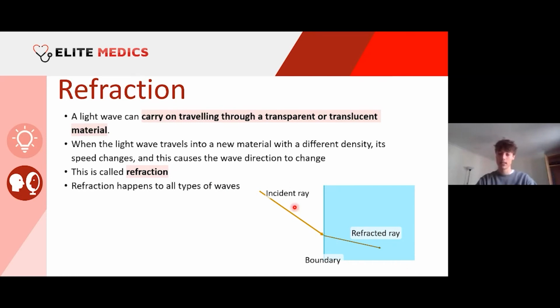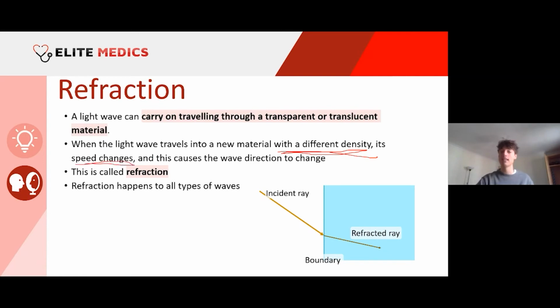As you can see here, the incident ray has a certain direction. When it reaches the boundary of a transparent or translucent material, it's slightly refracted. It slightly changes direction. So when the light wave travels into new material with a different density, that's the important point to note here, its speed changes.